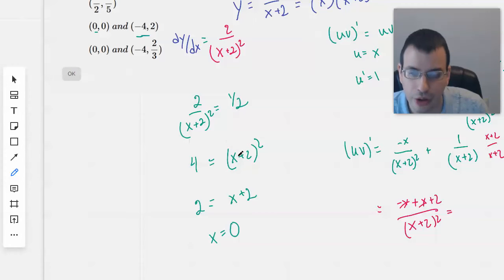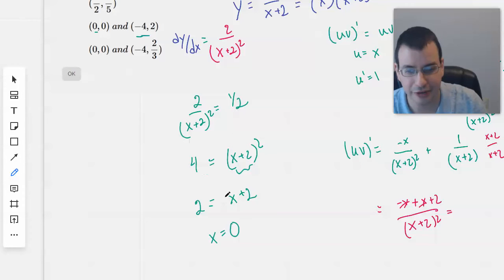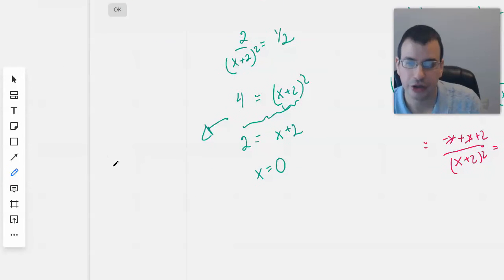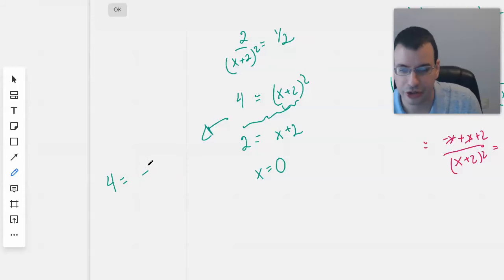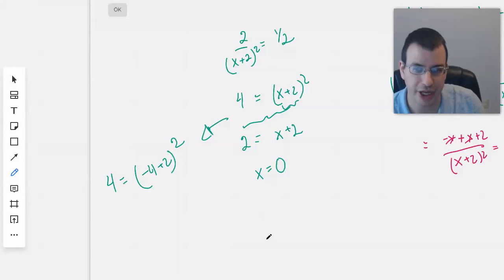So this could also be negative 4. How does that work? So if we plug in negative 4 here, we know that 4 equals negative 4 plus 2 quantity squared. So when I square rooted both sides, I should also say that negative 2 equals x plus 2.